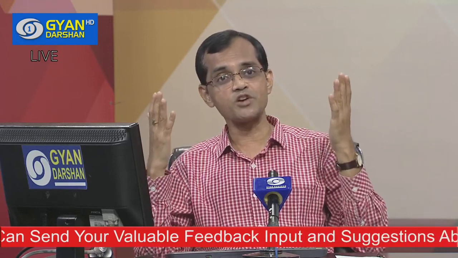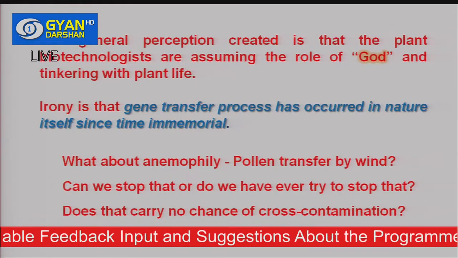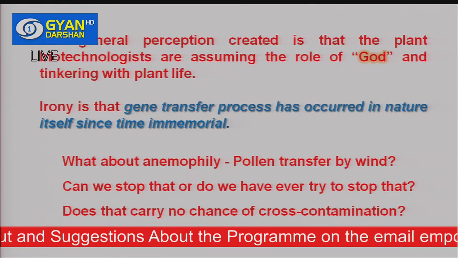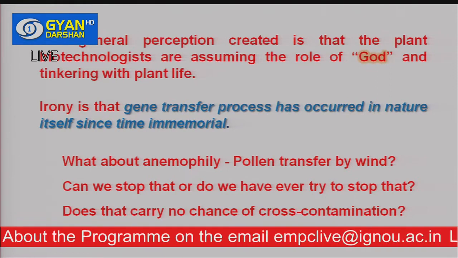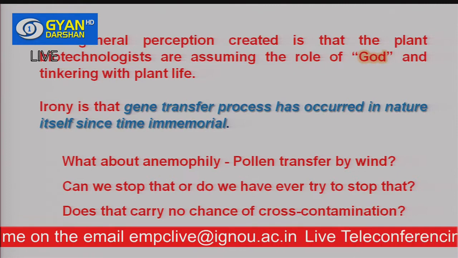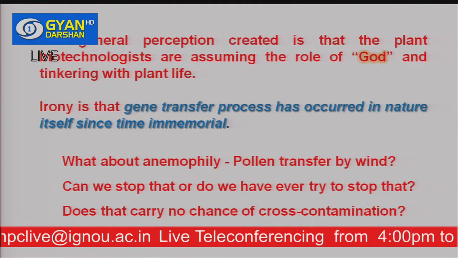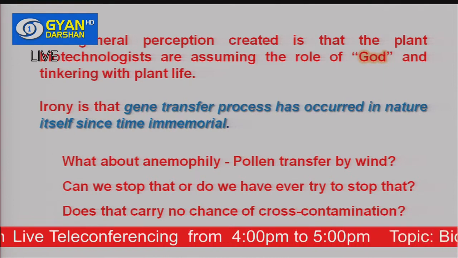But the irony is that the gene transfer process, pollination, occurs in nature. Can we stop pollination? Wind pollination: the pollens travel because of air movement. We have a particular terminology in botany, anemophilous plants, where pollination occurs by wind. So can we stop that?